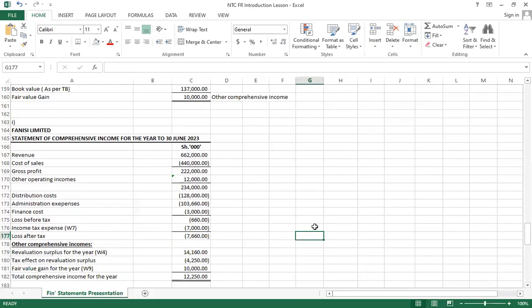That is it for the first financial report, the statement of income. So unless somebody has a question, then of course we will proceed to the next financial report.